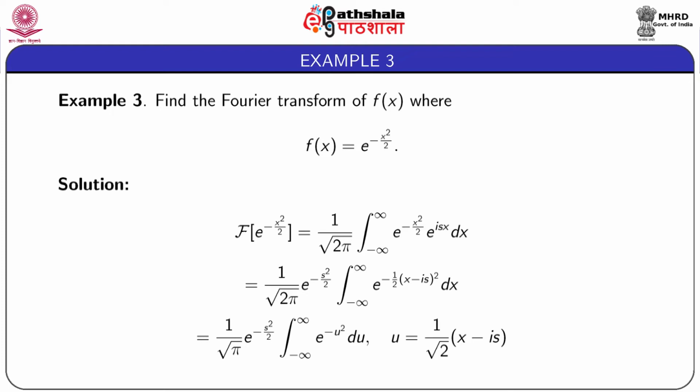So, that next step becomes equal to 1 by root over 2 pi e to the power minus s square by 2 integral minus infinity to plus infinity e to the power minus half (x minus I s) whole square dx, which is equal to 1 by root over pi e to the power minus s square by 2 integral minus infinity to plus infinity e to the power minus u square du, where u is given by 1 by root 2 (x minus I s).